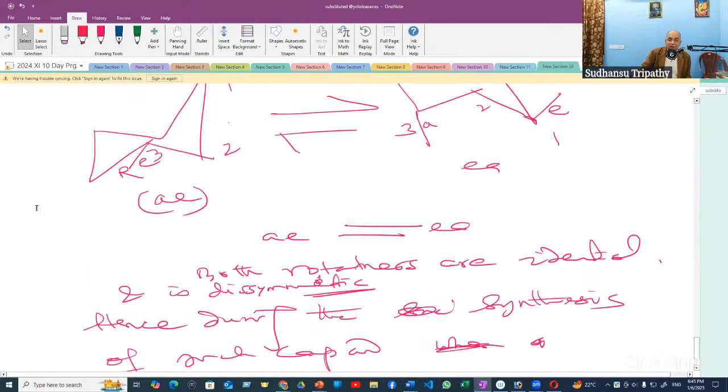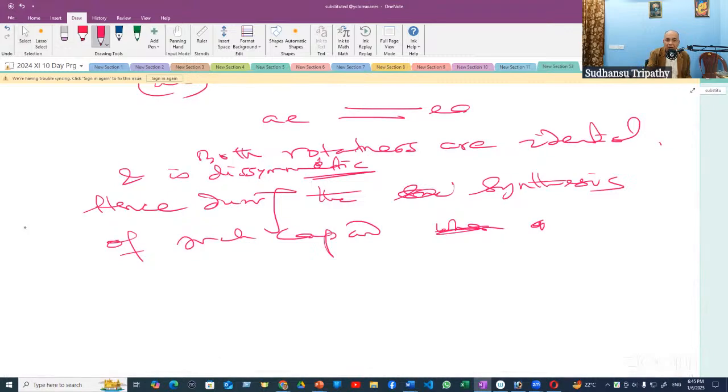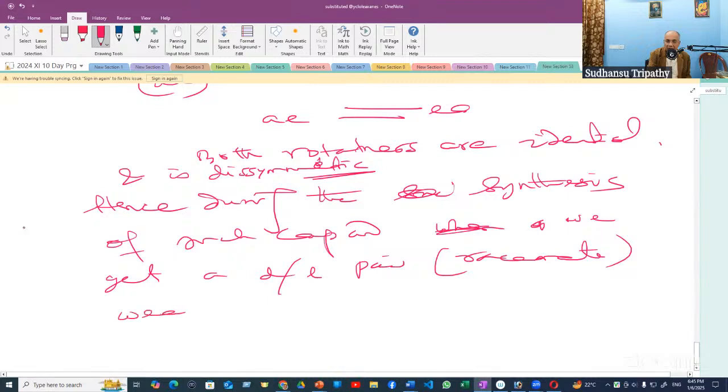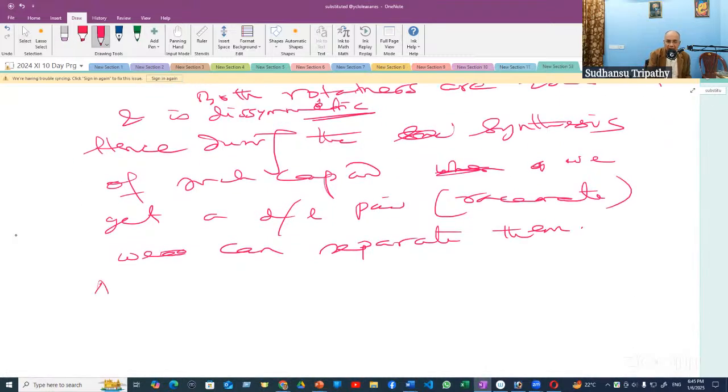If you have a mixture of two such compounds, during the synthesis of such a compound we get a DL pair, a racemate, and we can separate them. As each enantiomer has two identical rotamers, they are flipping, but nothing is happening.